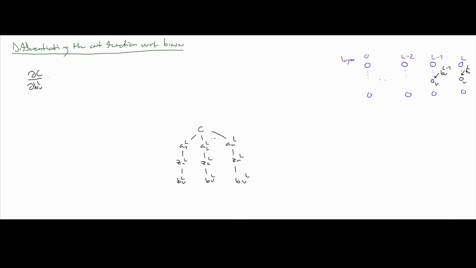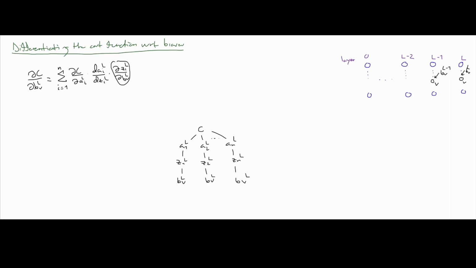And this leaves us with this expression being equal to the sum as i goes from 1 to n of the partial derivative of C with respect to the activation at some neuron i in the output layer, times the derivative of this activation with respect to the weighted input, times the partial derivative of the weighted input with respect to the bias parameter b_v^L.